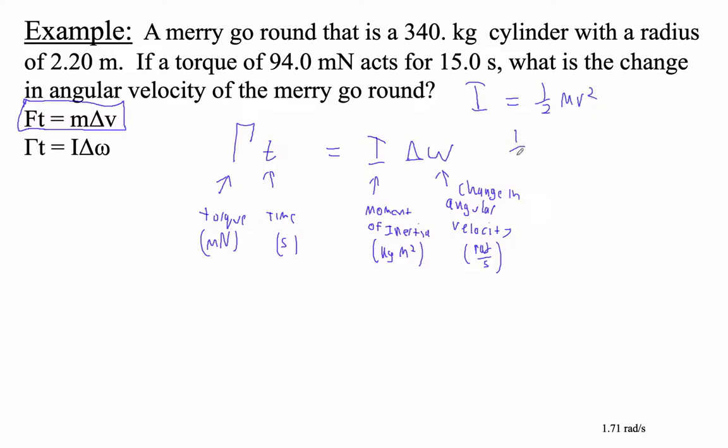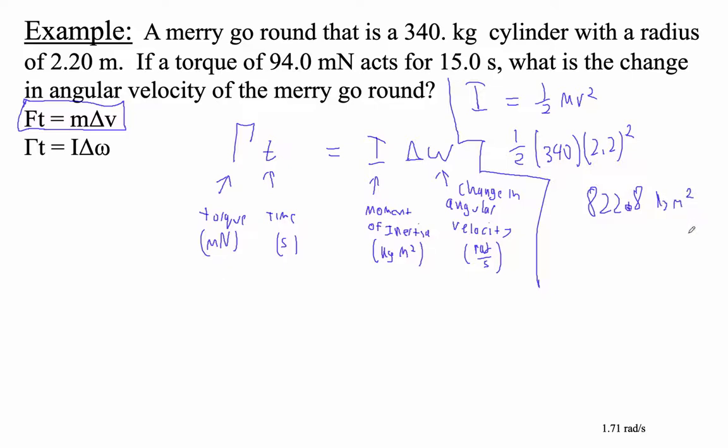So it's going to be 1/2 times 340 times 2.2 squared. So 0.5 times 340 times 2.2 squared, 822.8. And that's kilogram meters squared.